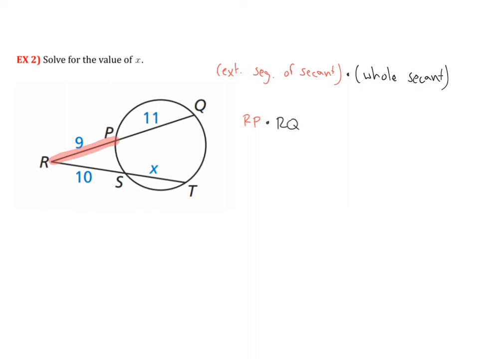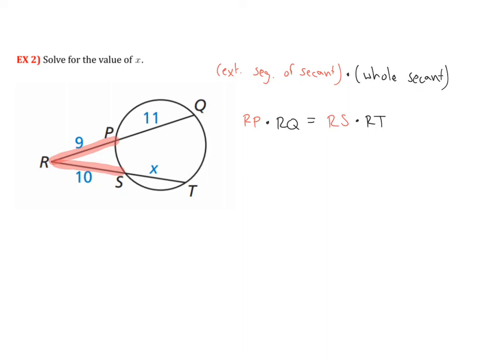So that's what I'm going to multiply with the whole secant. This is going to be equal to the external piece for RT, which is RS. And I'm going to multiply this with the whole secant, which again is RT.